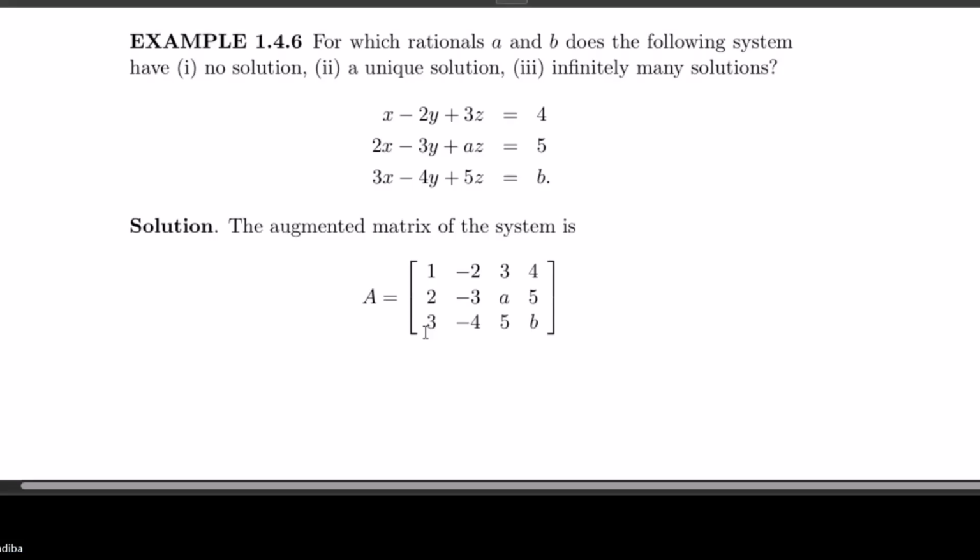Then I said, where there is 3 in the first row, we need to have a 0. So that means I'll have to multiply the third row by minus 3 and add it to row 1. When I did that, I ended up having the entries for row 1 as 1, minus 2, 0, and 25 over 4.